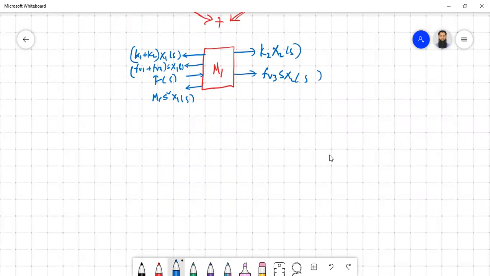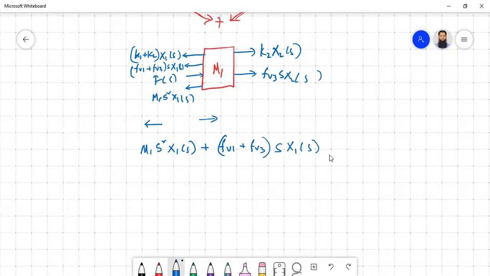The direction to the left will be one side, and then to the right will be another side. We can do that. So start with M1 S square X1S plus FV1 plus FV3 S X1S plus K1 plus K2 X1S equal to Fs.